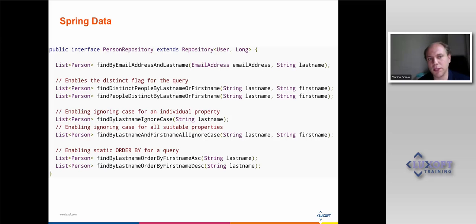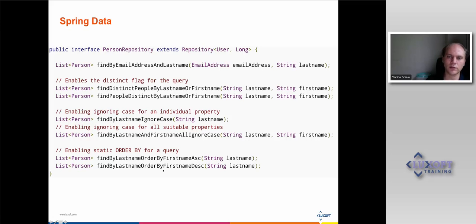Here is the implementation of this idea. Spring Data is implementing this idea, and here you can see how we can create the repository automatically by using Spring Data. So we define the name of the repository. For example, here we define that PersonRepository is the repository. It is extending Repository, and it will be working with user entities, and the IDs will be stored in the format of long.